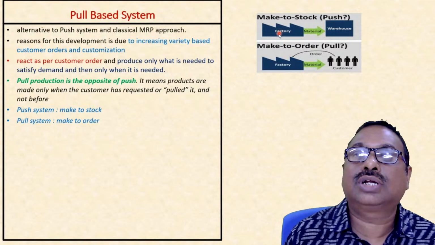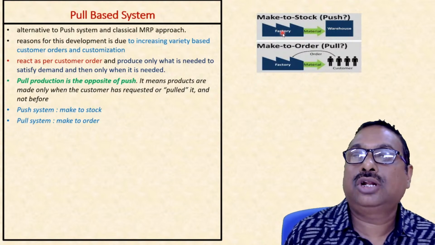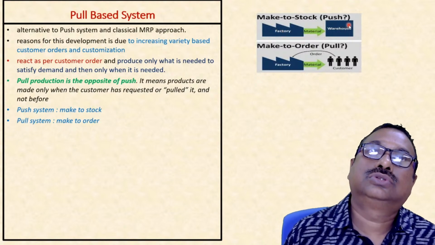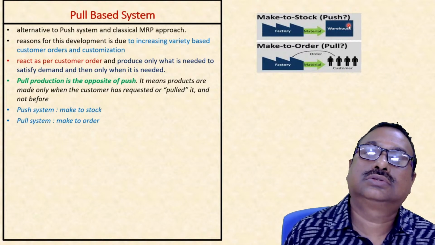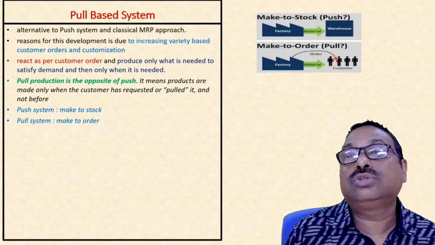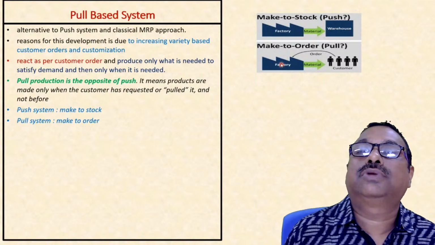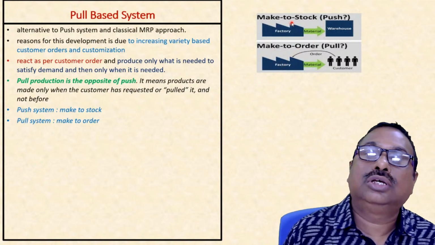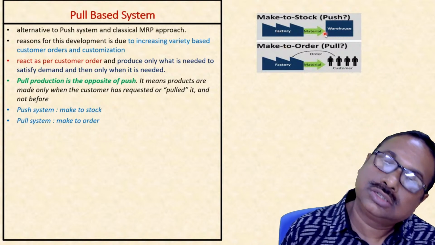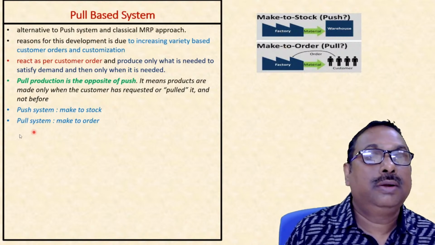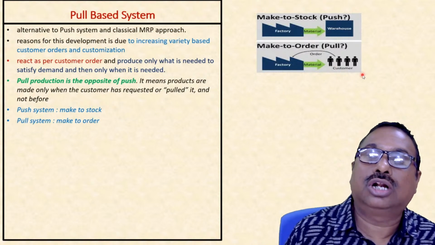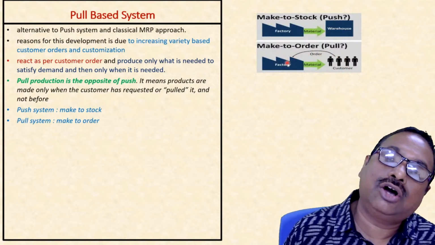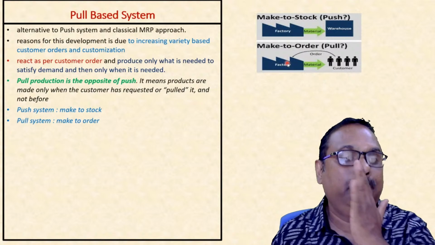According to the market forecast, you make the product and push it to the customer. So here, according to the customer demand, you make the product, right? So the push system is make to stock. You make, then you stock, then it goes to the customer. But the pull system is make to order. That means you take the order from the customer and you make.